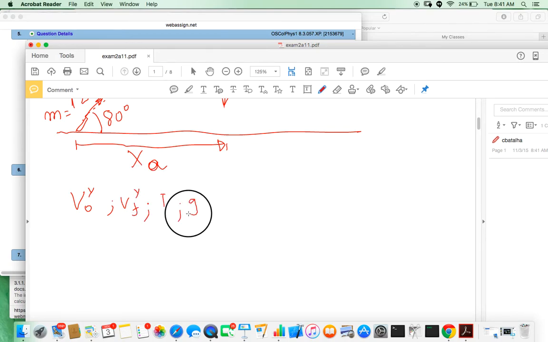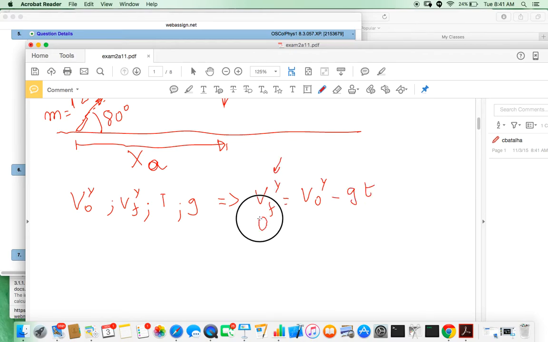And we have g. So we can use the equation of velocity as velocity in y change over time. So the final velocity in y is equal to initial velocity in y minus gt. Remember that? So final velocity in y is 0. And that is equal to initial velocity in y minus gt.